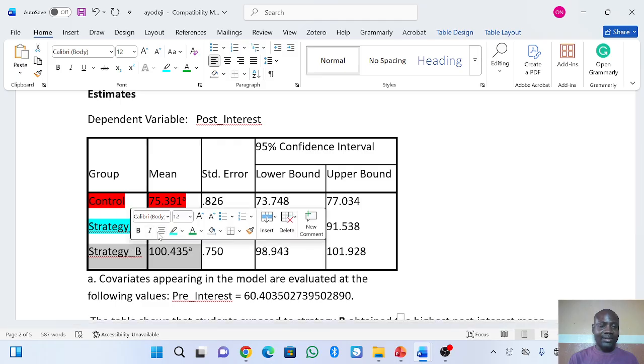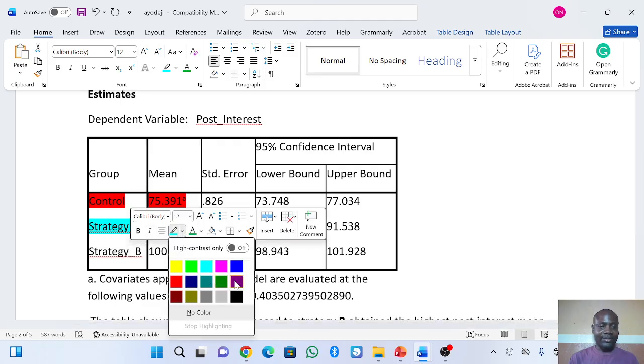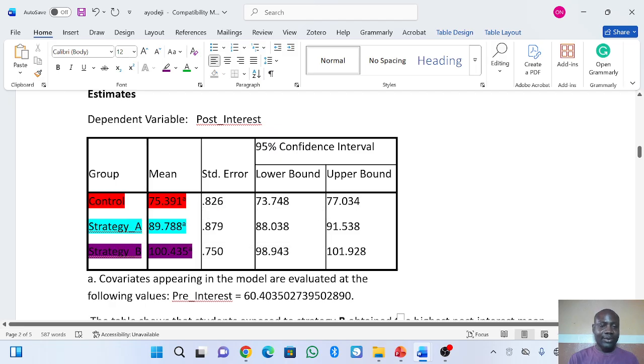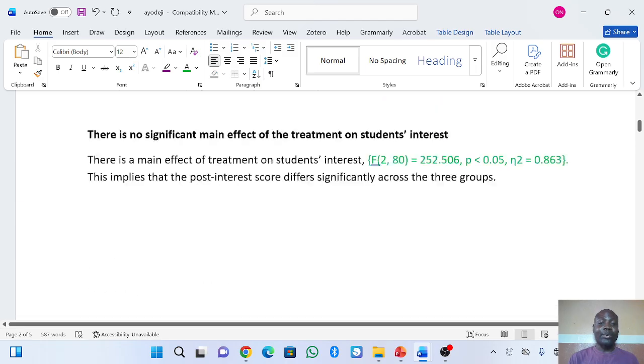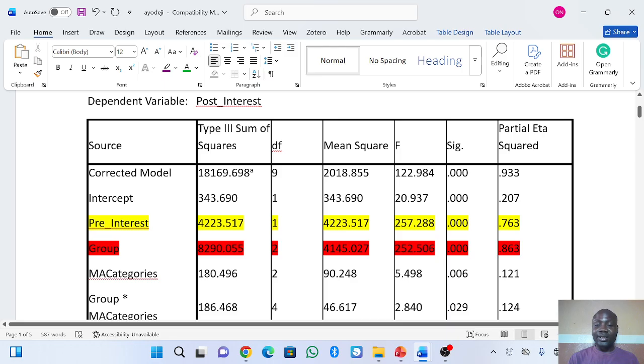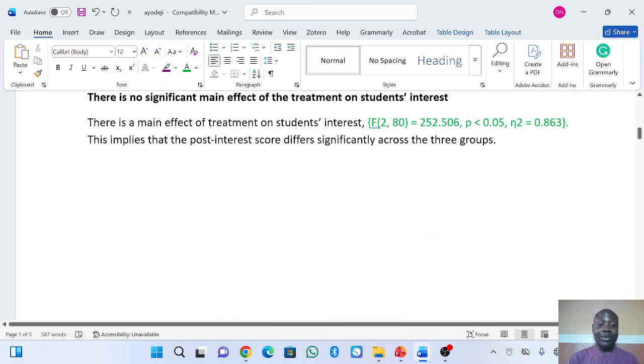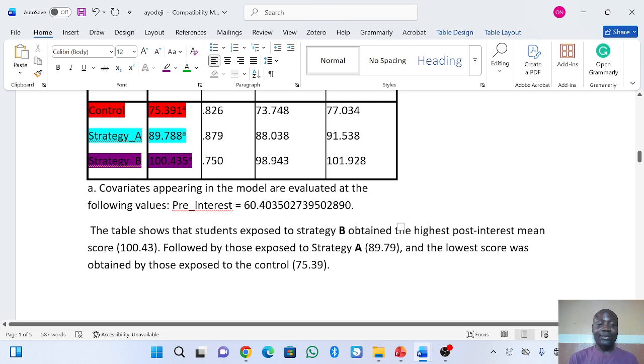Even looking at the mean scores, there is a difference, but looking at it is not enough, so we rely upon this significant value. It tells us that the differences among these 3 group means are significant. Those exposed to strategy B had the highest post-interest score, followed by strategy A, which is 89.79, and the lowest score was obtained by the control group, which is 75.39.